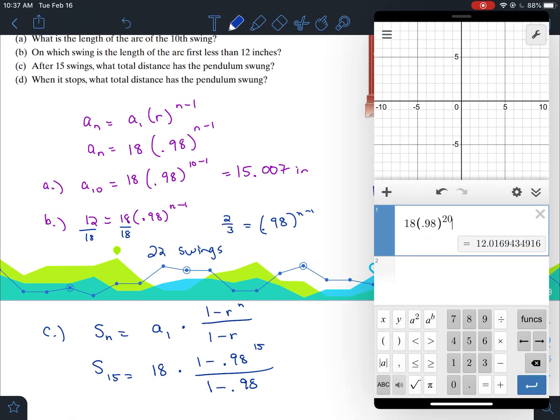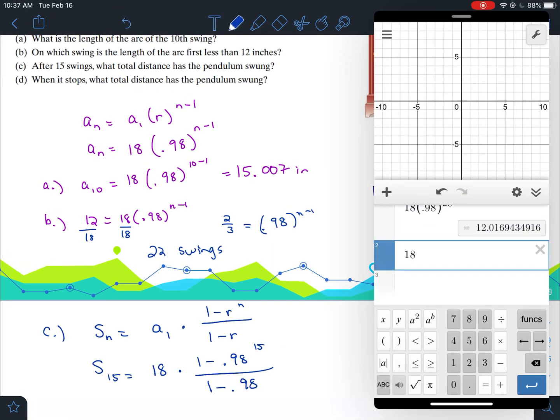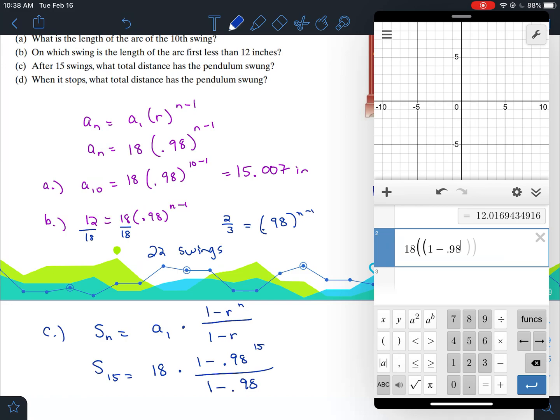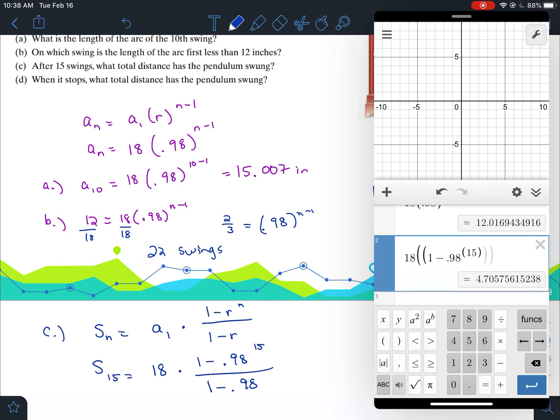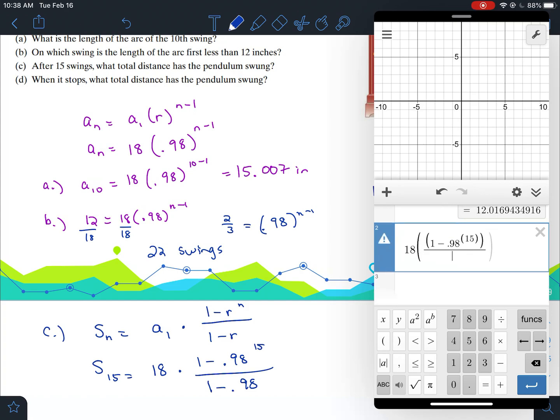And so if I did this, I would get 18 and then times, parentheses 1 minus 0.98 raised to the 15th, and then divided by 1 minus 0.98. And we get the total distance that the pendulum has swung over the first 15 swings is 235, and we'll just say 0.3 inches.